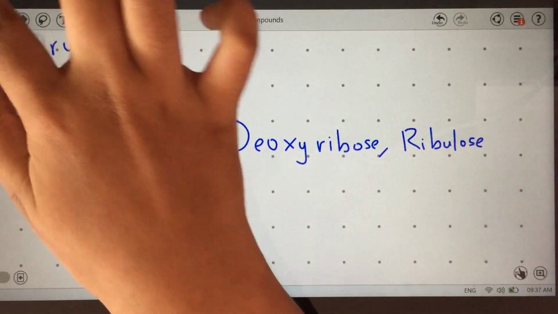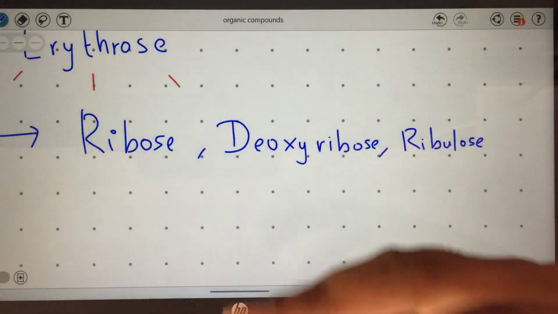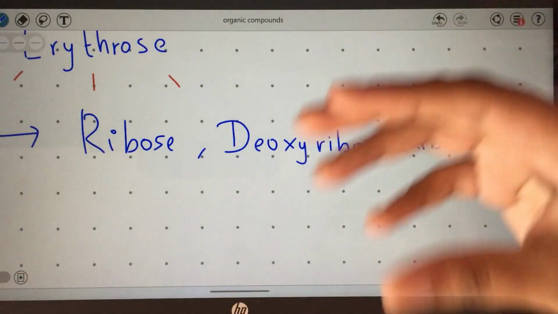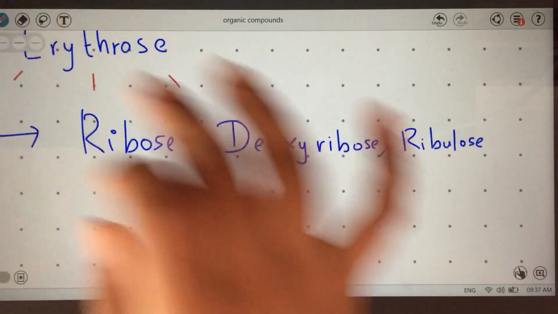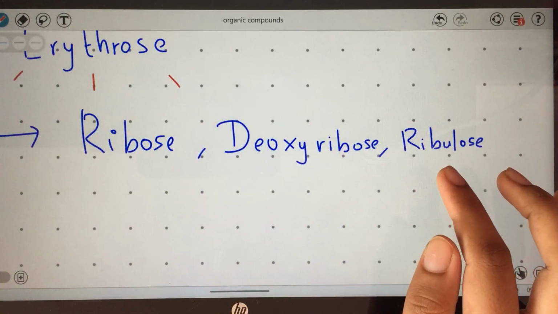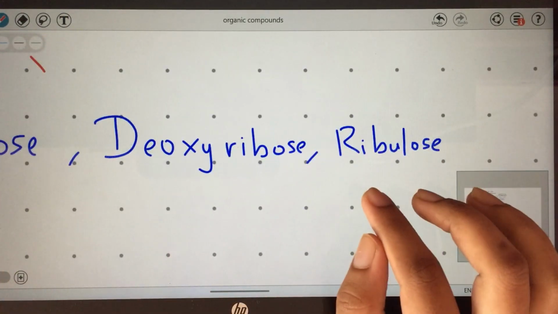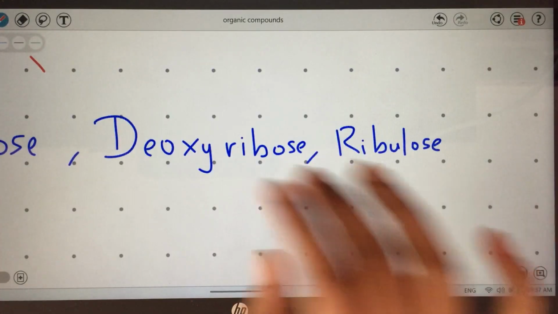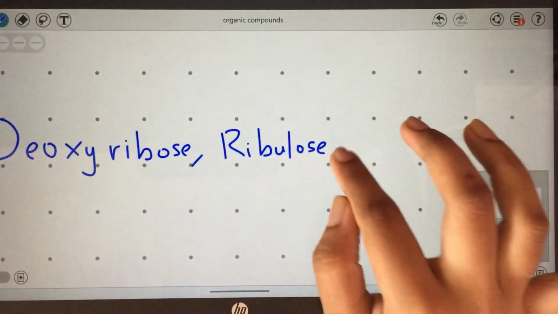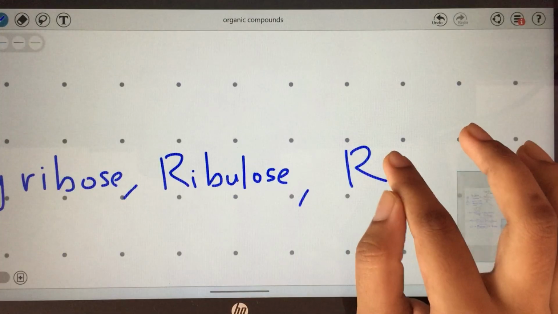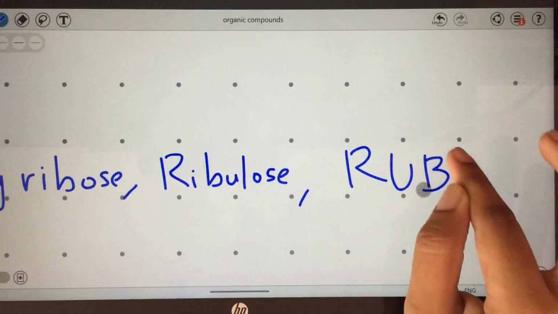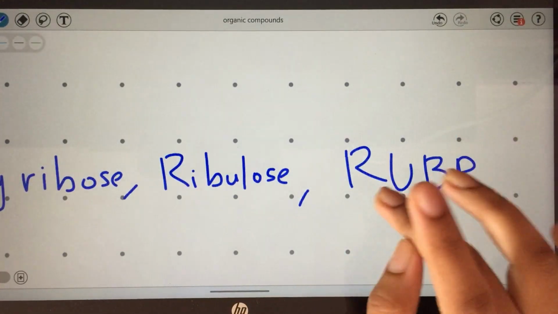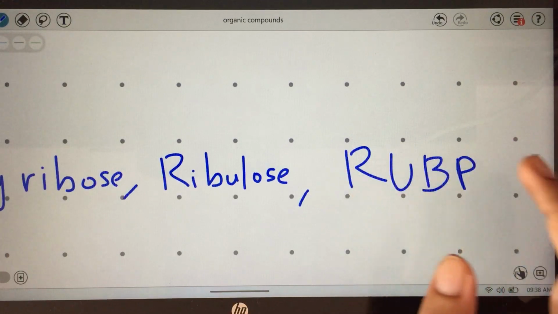Now like we had for 3-carbon, where we said that phosphoglyceraldehyde is a derivative of triose, here also we have ribulose. And not only 3 examples, we have something called RUBP, okay? RUBP, just remember this short. Ribulose bisphosphate, this is the full term.